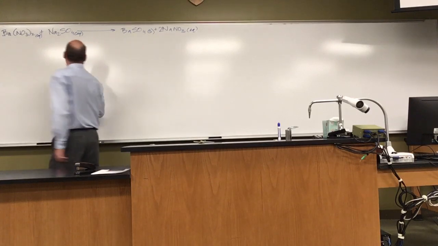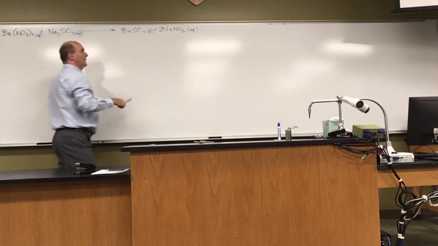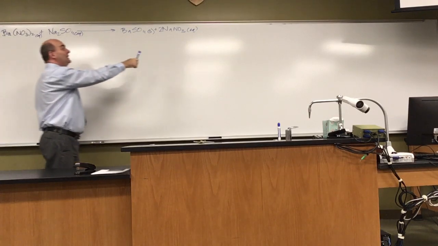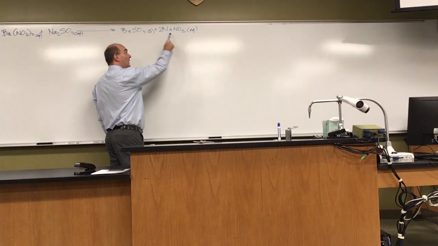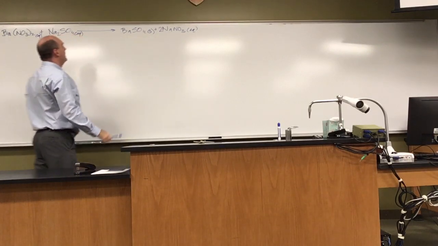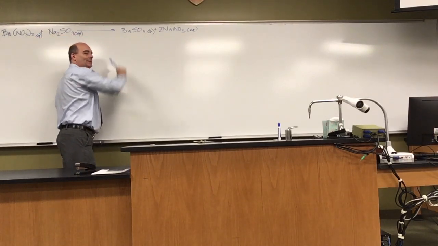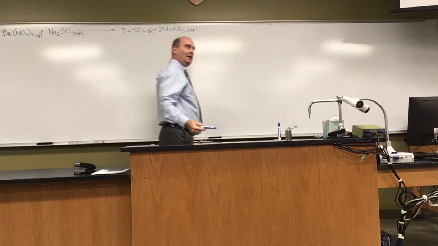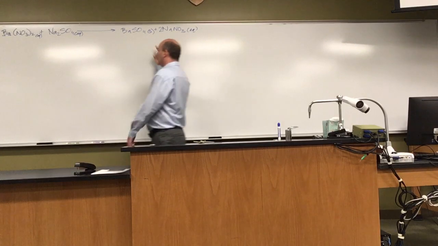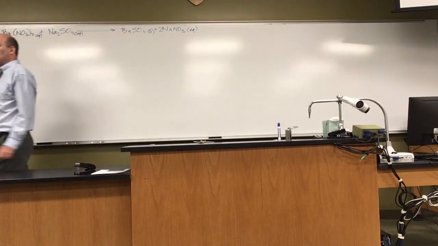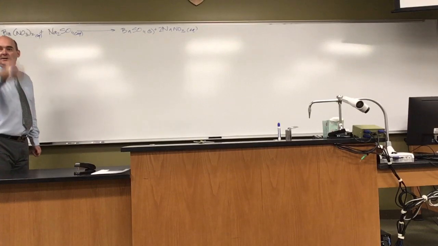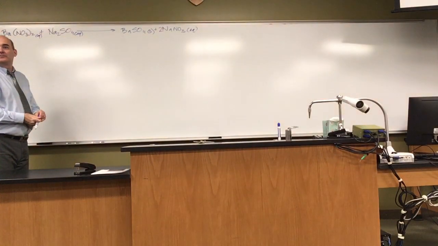And by doing that, I make some sodium nitrate, which is not important to me because that's guaranteed to stay in solution because it's a sodium salt and it's a nitrate. But then I would make some barium sulfate, and barium sulfate is hideously insoluble in water, and this will precipitate. It will fall to the bottom of the flask, and then I can collect it, dry it, and do whatever it is that I want to do with it.